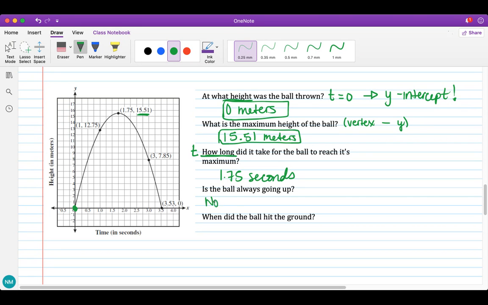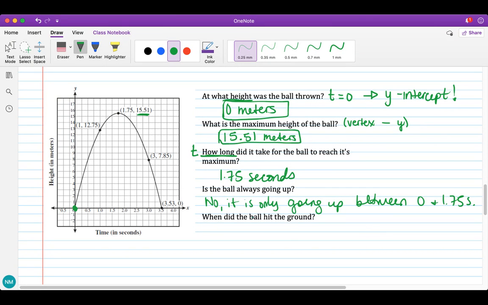No. It is only going up between 0 and what? 1.75 seconds, right? At this point, it starts decreasing. Here it's increasing, but then it starts decreasing. So between 0 and 1.75 seconds.